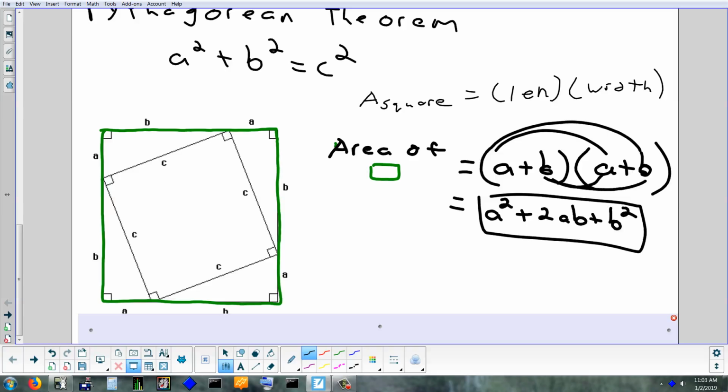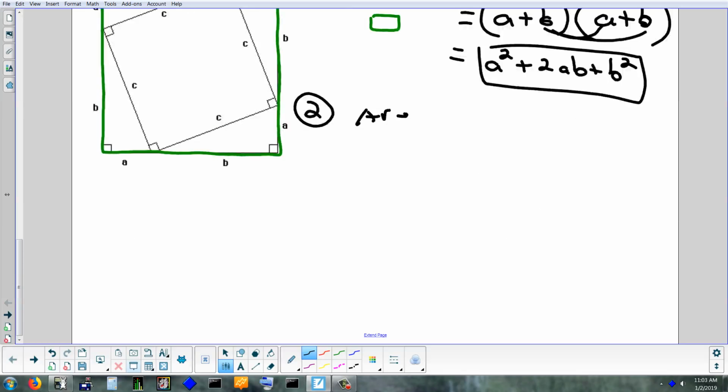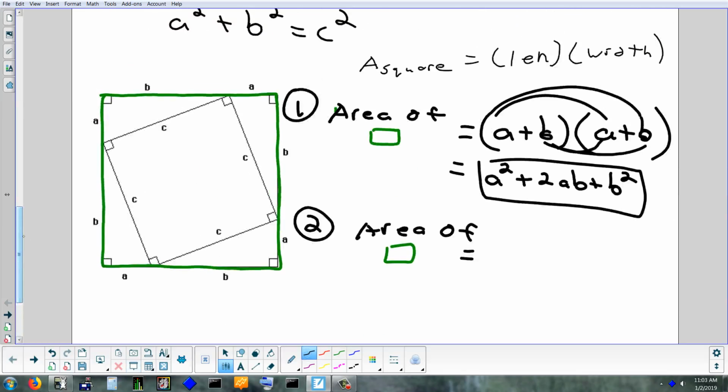Now, let's call this way number 1. Let's do it a second way. Let's find the area of the green square again. Someone think they can give me a different approach to finding the area of that green square, besides just the way we did it?